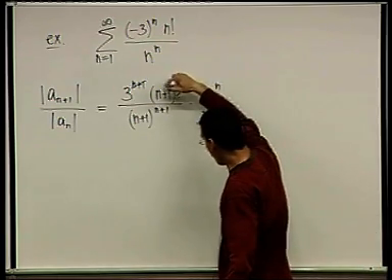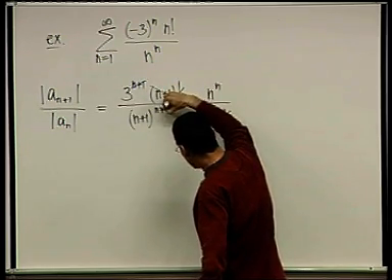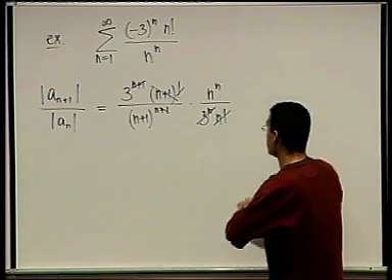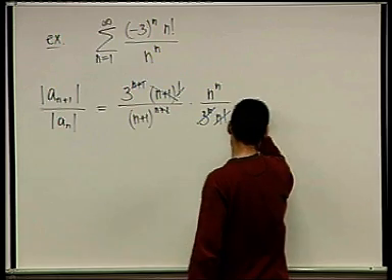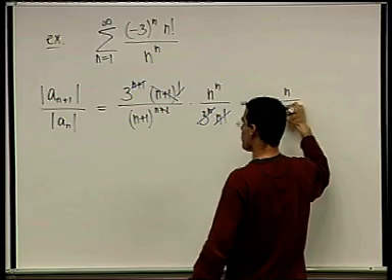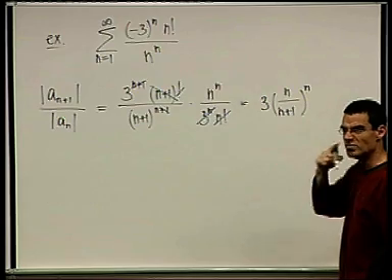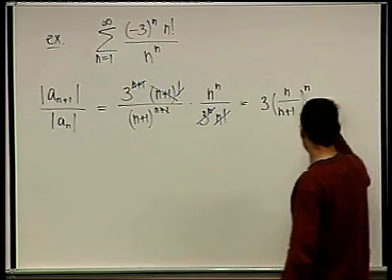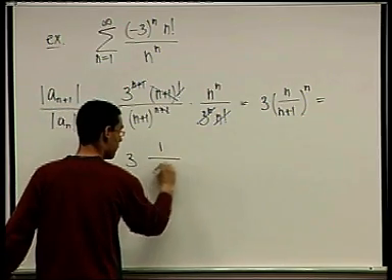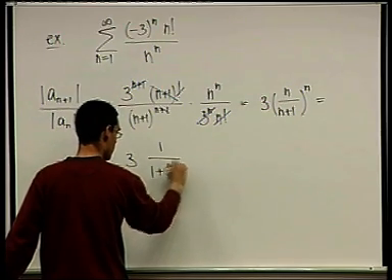Now this n plus 1 here cancels with the plus 1 up here, leaving just n of them. Good? So what I'm left with, after doing this, and please don't do that, is 3 times n over n plus 1 to the power n. What do you smell? E. Good. So I'll rewrite this as 3 times 1 over n plus 1 over n, which is 1 plus 1 over n to the power n.